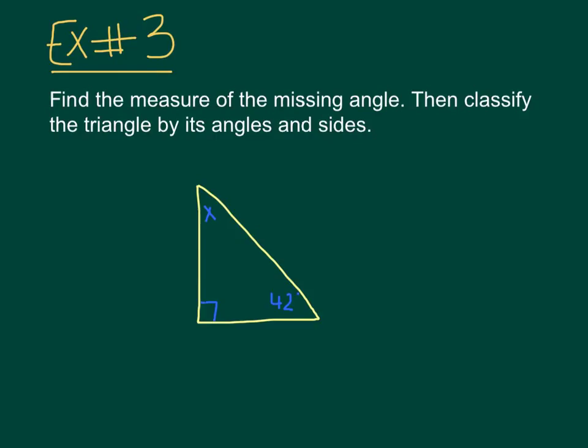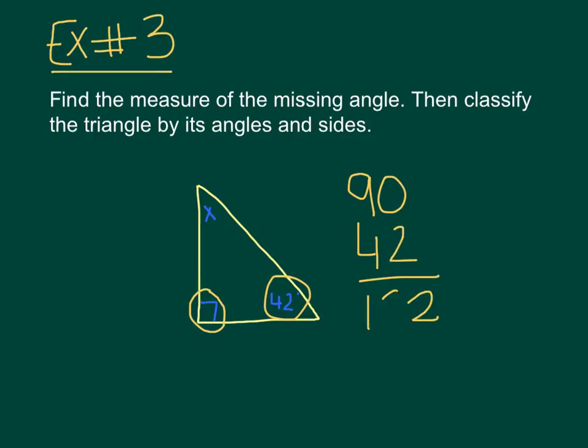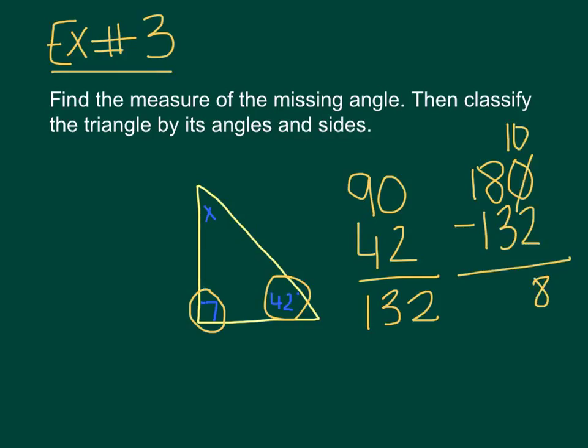Example number 3, let's first find the missing angle. So we know that when we see a little box like this, that means 90 degrees. Plus 42 is 132 degrees. Let's subtract that from the total, which we know is 180. And we get 48 degrees is the missing angle.